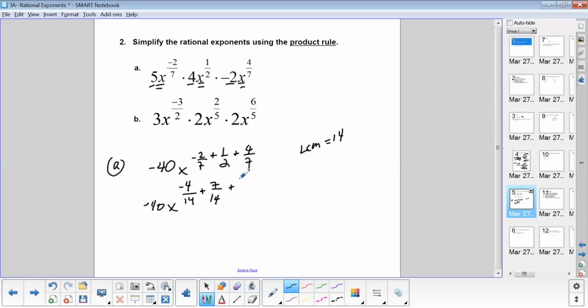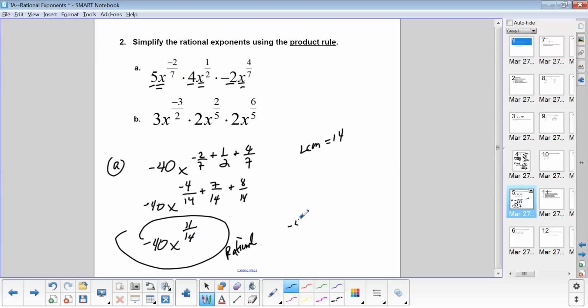And 4/7 would be 8/14. So negative 4 and 7 is positive 3, and 3 plus 8 gives me 11/14. So negative 40 times x raised to the 11/14 power. That's your rational form. Radical form would be negative 40 times the 14th root of x to the 11th power.